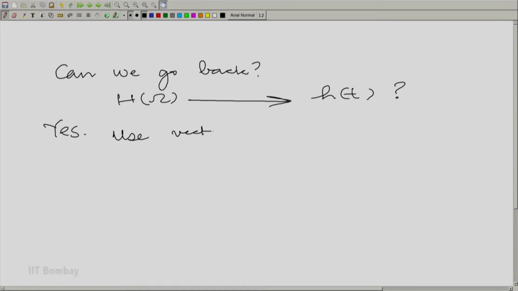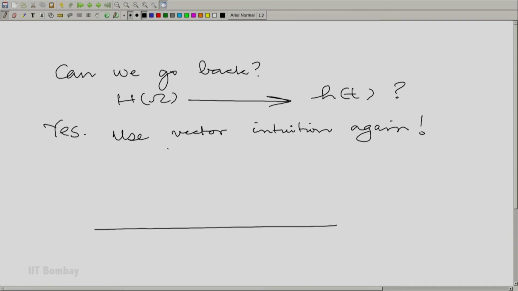Use vector intuition again. So, let us use vector intuition in 2 dimensions first. So, for example, suppose let us say this was the 2-dimensional plane in which you had a vector. Let us draw that vector v, and these are the unit vectors here which I am going to show in green now, u1 cap, u2 cap, and we decompose v into its components, which we will show in blue.